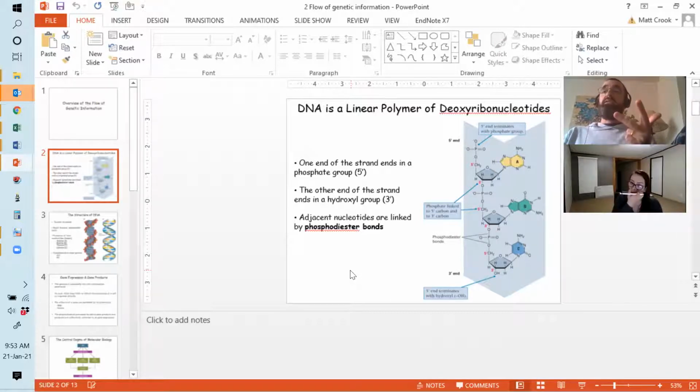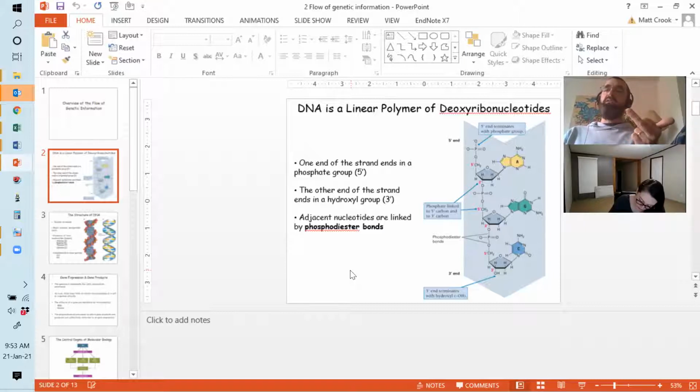All of those three things are really important for what we study later on, because we're going to be studying DNA replication and transcription, which are super important.